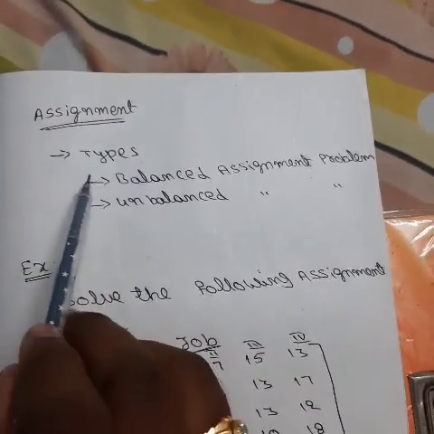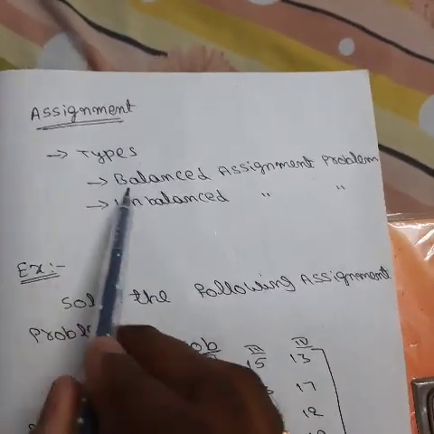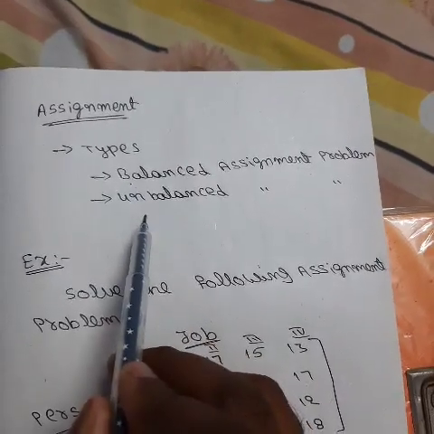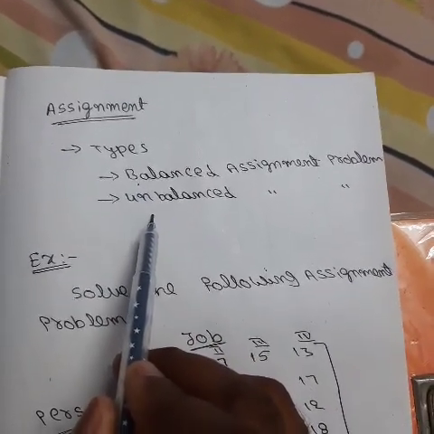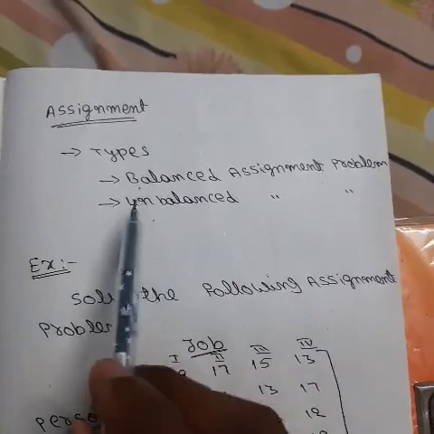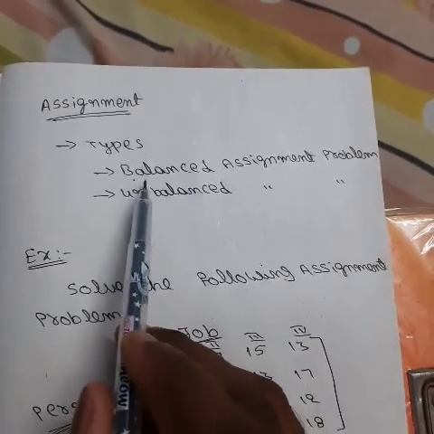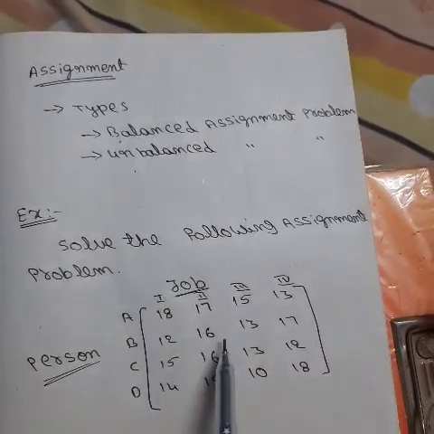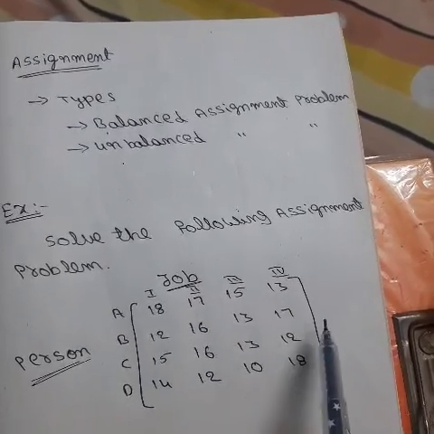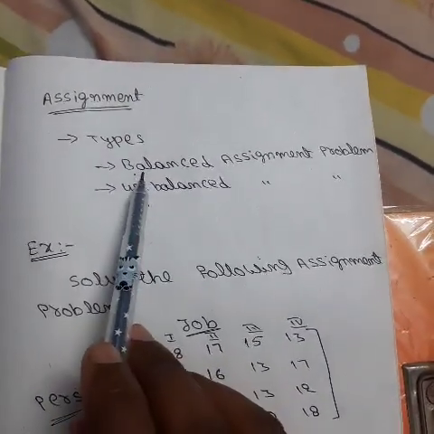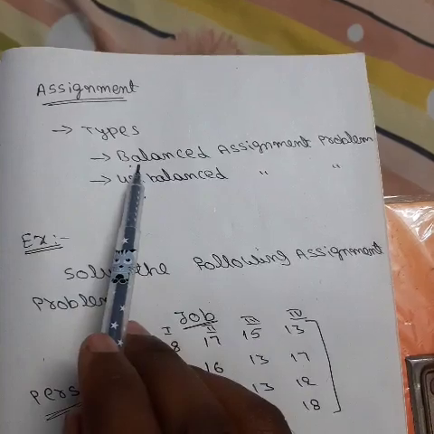There are basically two types of assignment problem. The first one is the balanced assignment problem and the second one is the unbalanced assignment problem. What is meant by a balanced assignment problem? If the number of rows is equal to the number of columns, then the problem is called a balanced assignment problem.